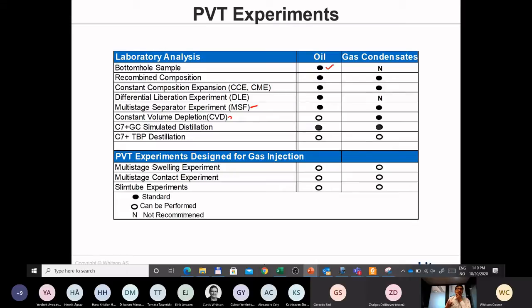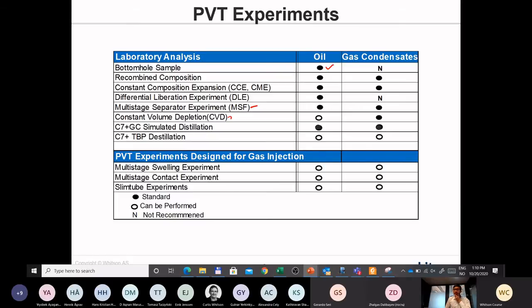That's not how gas condensate reservoirs are generally produced. Even oil reservoirs are not produced like this. So the DLE experiment is generally not recommended because you are not replicating the depletion performance of the reservoir, certainly not for gas condensate reservoirs.